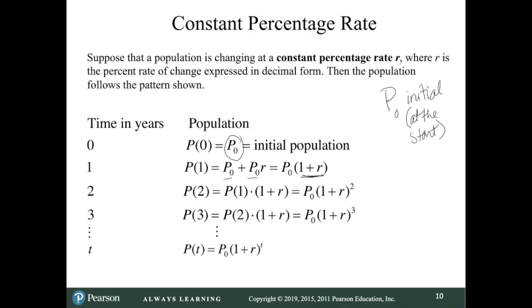Okay, if we wait another amount of time later, now we're doing that same thing, but instead of P0, we have P1. Okay, but if we substitute that P0 in for the P1, then we end up with P0 times (1 plus r) squared. Okay, so let's see if we can keep track of this. Let's say my initial population is 2, and I'm growing at a rate of 3.